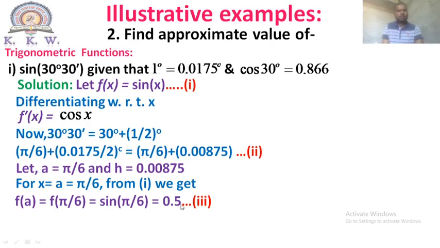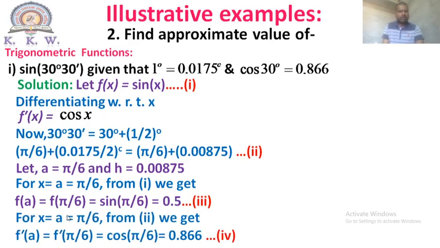So that should be equal to 0.5. Now f dash of A is equal to cos pi by 6. Cos pi by 6 is cos 30 degree. Value is already given, which is equal to 0.866.